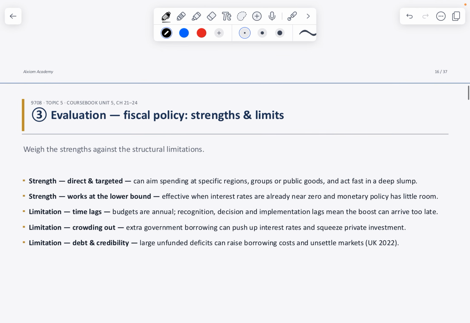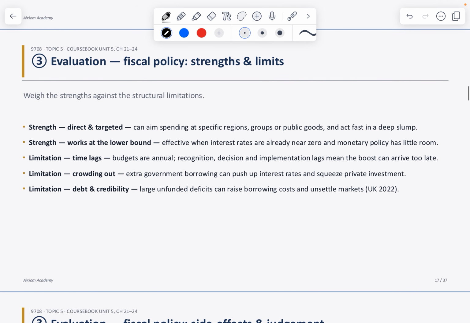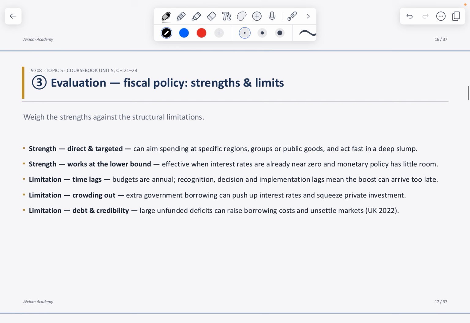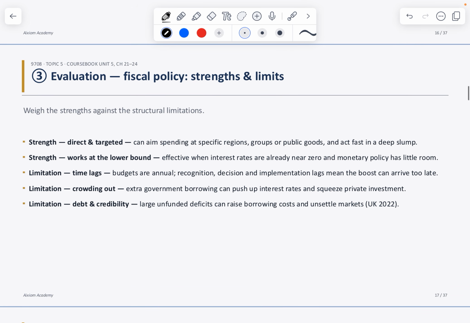And now moving on to the evaluation, which is one of the biggest headache points for most students in the exam. But for fiscal policy, we have a few points to talk about. The strength is that it is direct and targeted, so it can aim spending at specific groups, specific regions and specific goods.